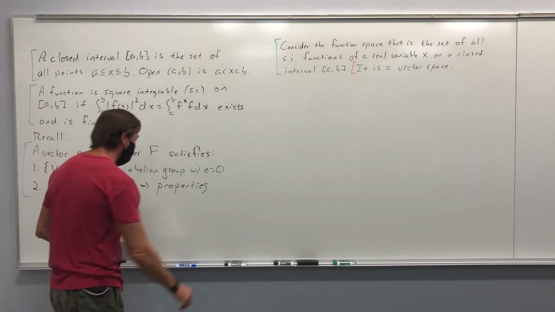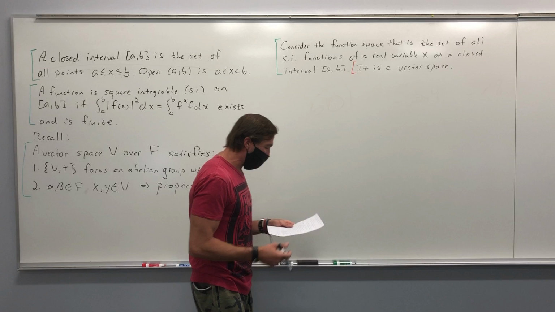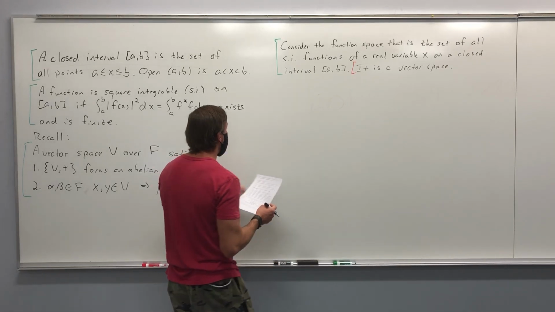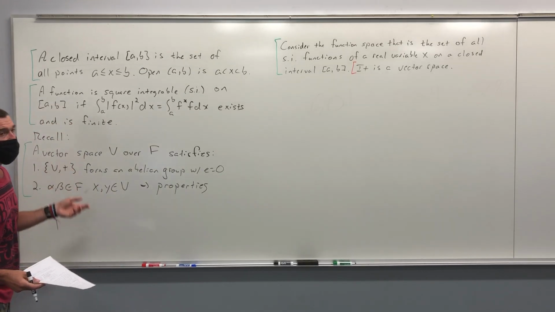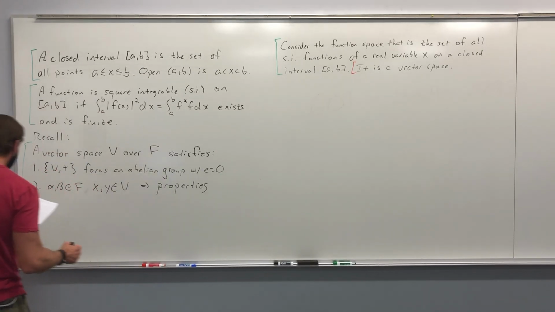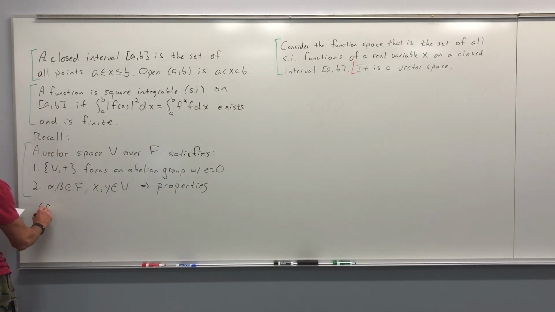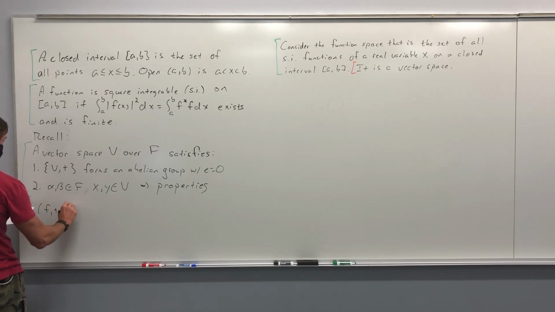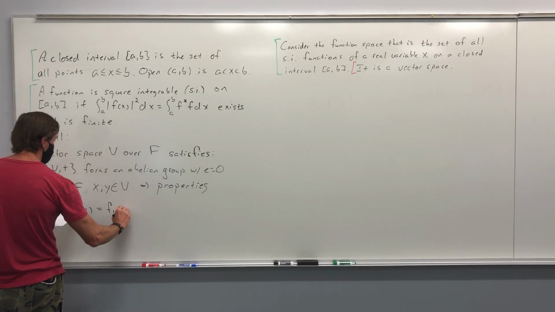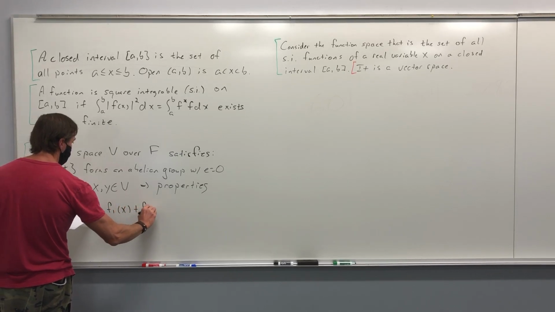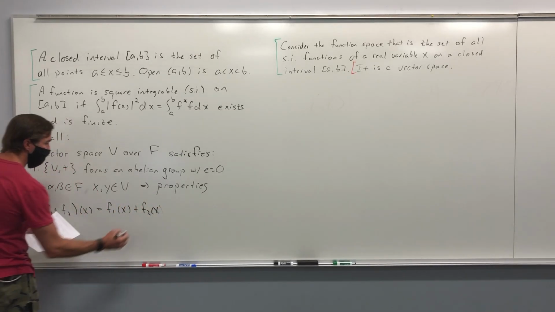All right. So hopefully, obviously, the operations on functions are pretty obvious. So for example, if I take the sum of two vectors, okay, then that's just defined as the sum of the individual functions.